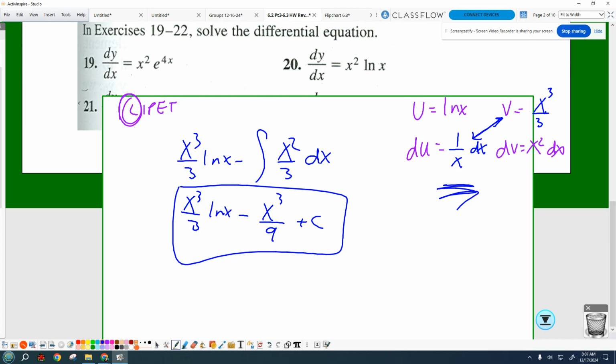Other questions? Yeah. I have a question about U substitution with definite integrals. Okay. Why don't you add a C when you integrate?